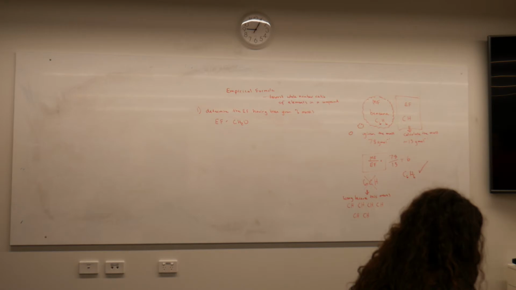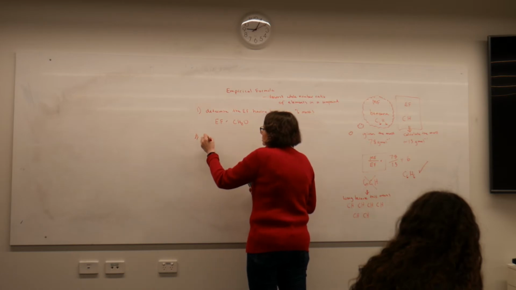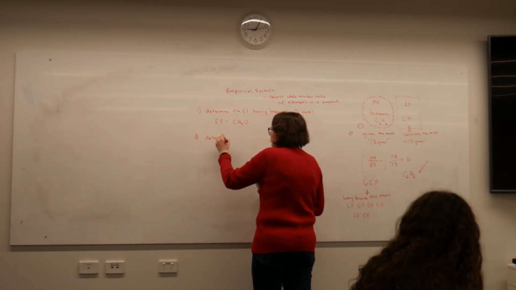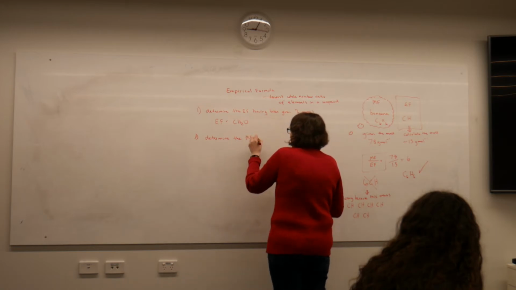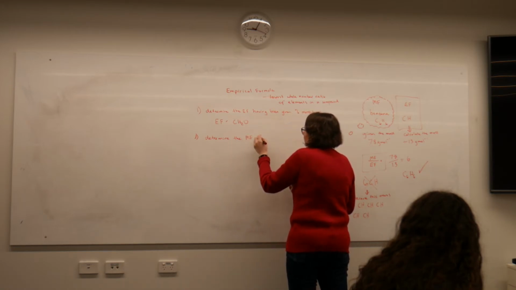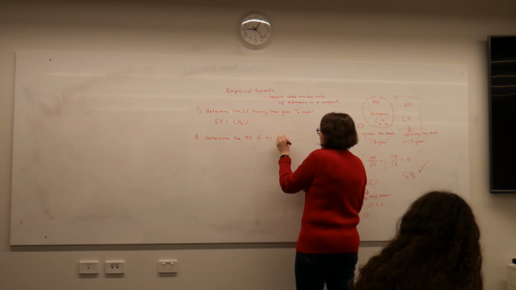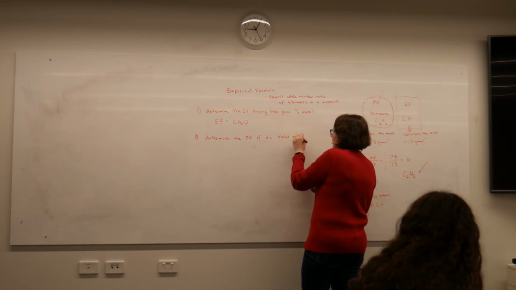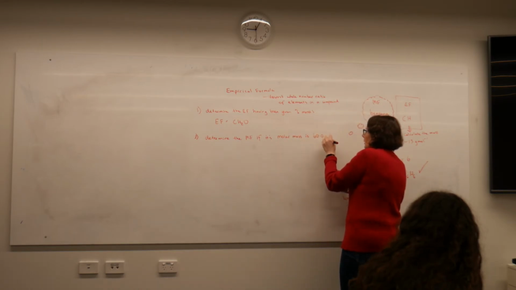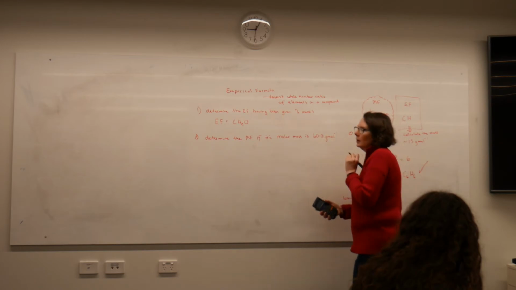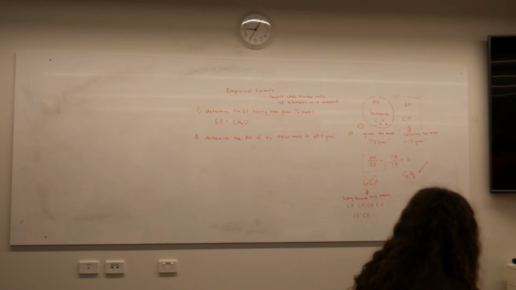Now the second part, I'm told to determine the molecular formula if it's 60 grams per mole. Okay, so this is the normal way that you would see it in that question.